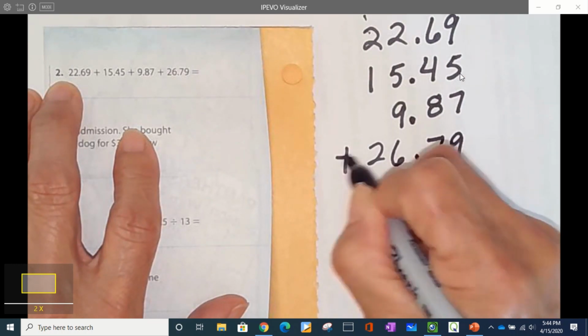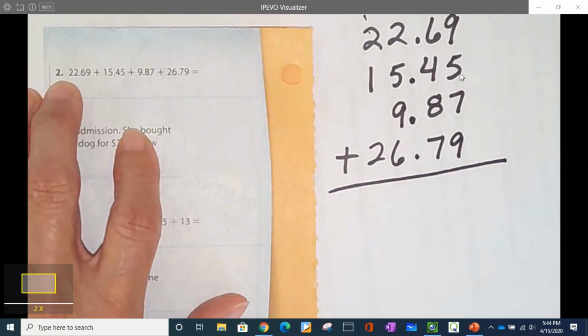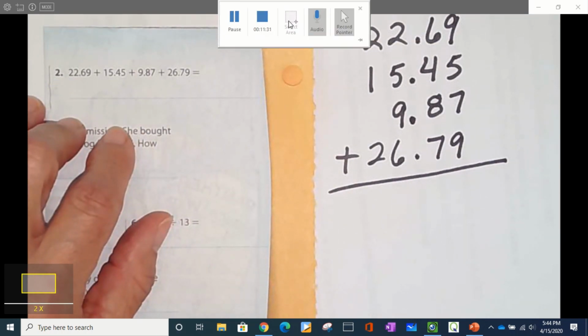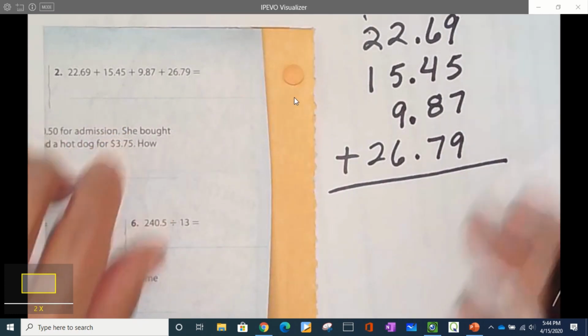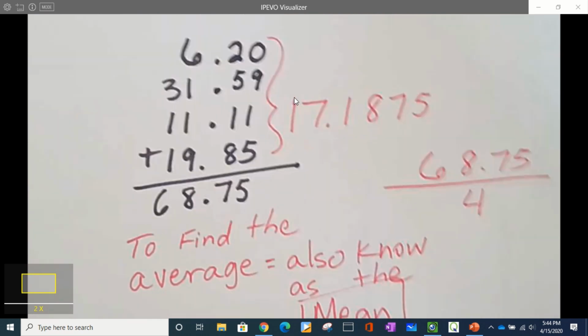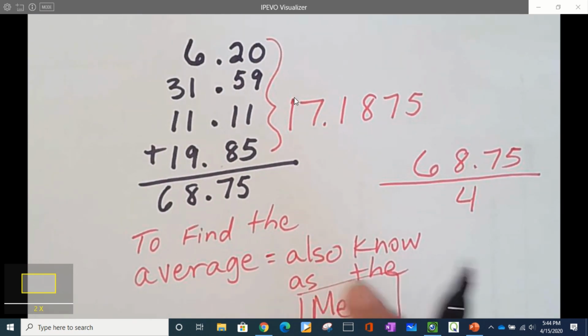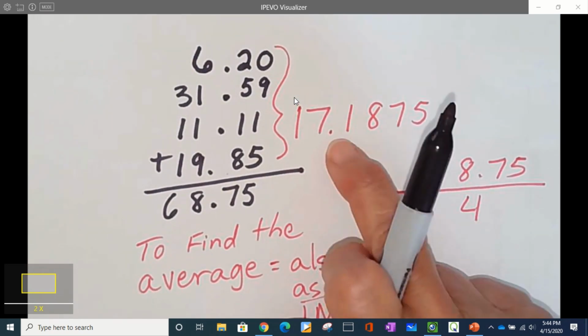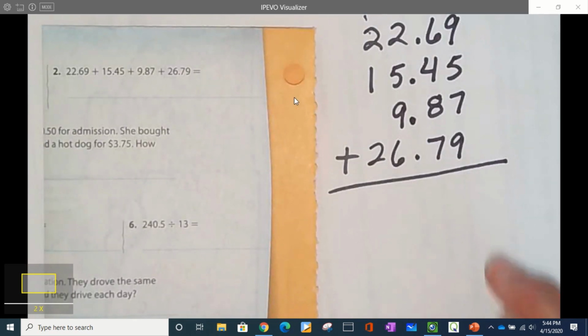We're finding the sum, so we're totaling all of these. I will pause it and give you a chance to add those up. And I want you to do the same thing that we did on this one, and find the mean of these 4 numbers here. I'll pause it.